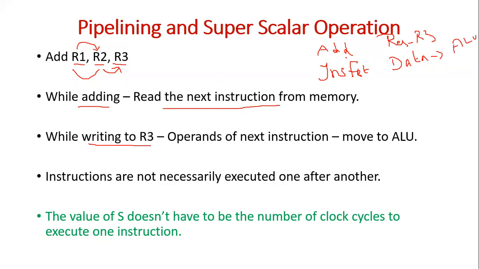See, when the first instruction is adding, you are fetching the next instruction. When the first instruction is storing the result, the data corresponding to the next instruction is moved to the arithmetic logic unit. This is called pipelining.